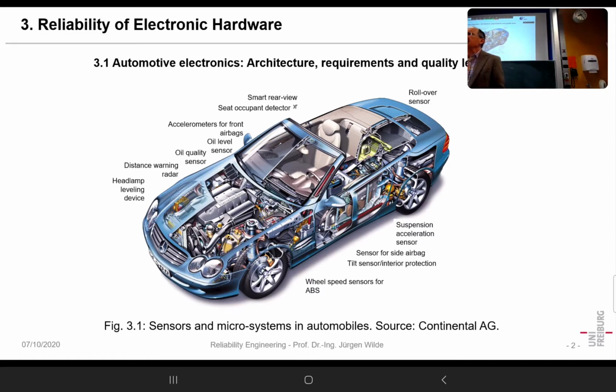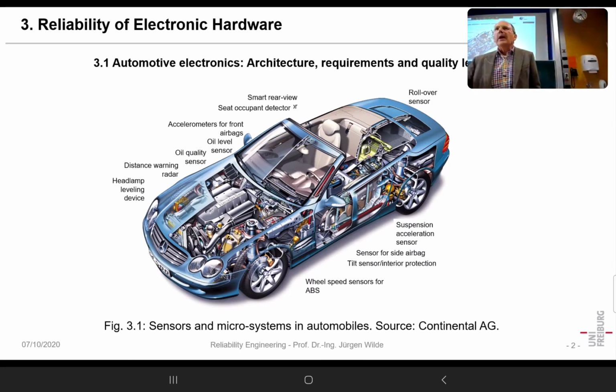Still, you can see that when you look for the statistics of car breakdowns. Presently, Mercedes is not the best. In former times, Mercedes was always best, but nowadays they are not, and partly that is due to the high content of electronics they have. It's quite evident.